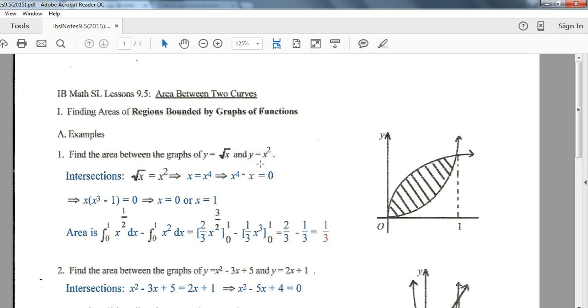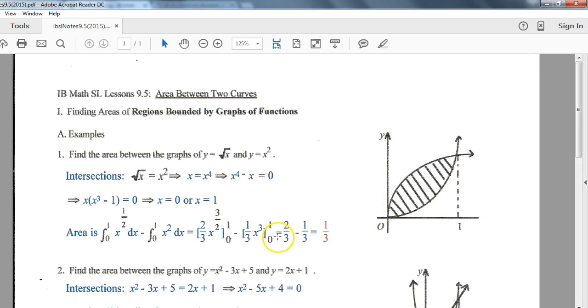So if I were to graph these two graphs, the square root of x gives me this arc that you see here. This is my square root of x. This arc is created by the x squared, and so I need to do the square root of x minus the x squared in order to get what's in between them.